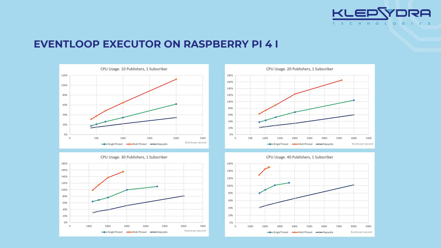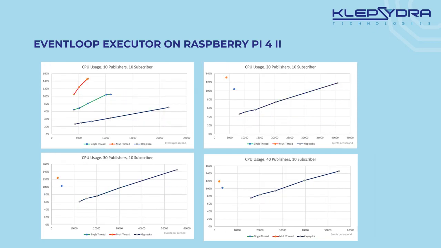In the first scenario, the results prove that the Klepsydra executor needs substantially less CPU with moderate data rates, no matter the configuration. Importantly, as the number of publishers increases and the data rate gets faster, the difference in CPU consumption becomes considerably large. At a certain point, as you can see on the lower right graph, only Klepsydra processes all the incoming messages, whereas the other two executors cannot keep up and start losing critical data.